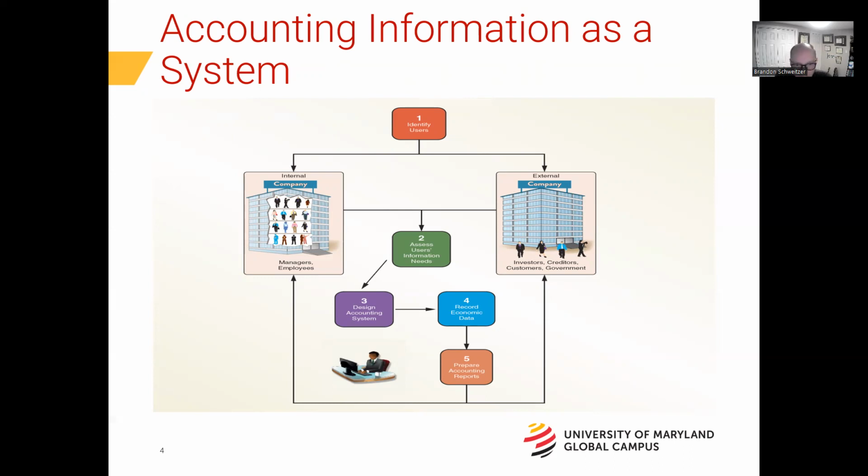Once we know who those users are, we can figure out what kind of information they need to see. Internal users would be interested in looking at things like job order cost sheets or budget information or other cost information or other internal managerial financial reports. That's what internal company users would be interested in seeing.